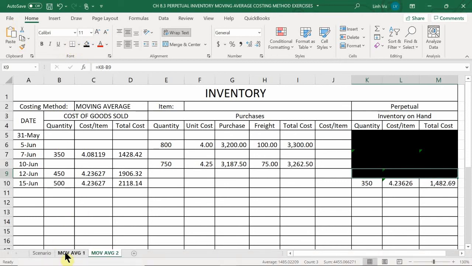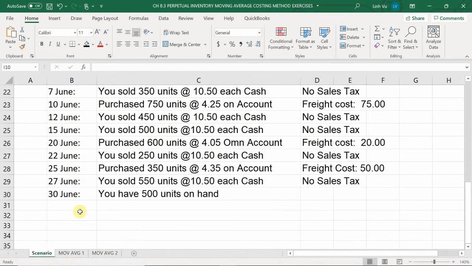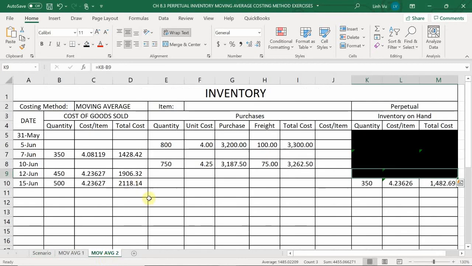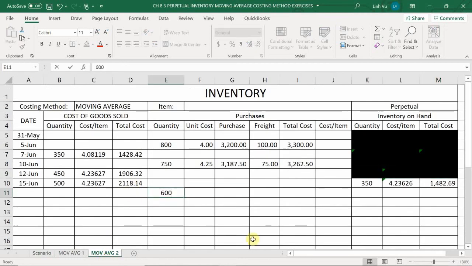All right. So then let's see what happened next. Then on June 20th, we end up purchasing 600 units at 405 with a freight of 20. 600, 405, and 20 on June 20.